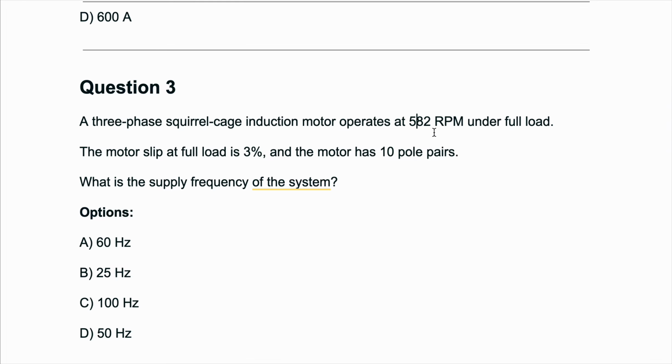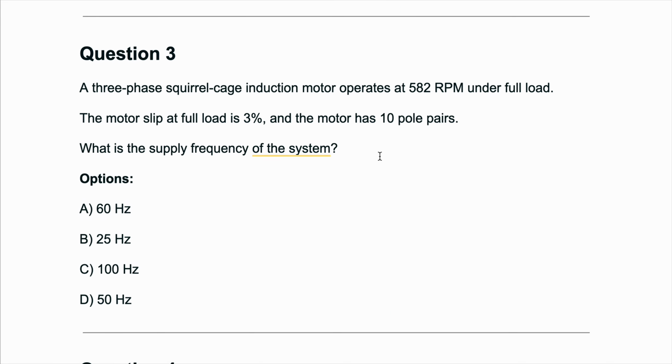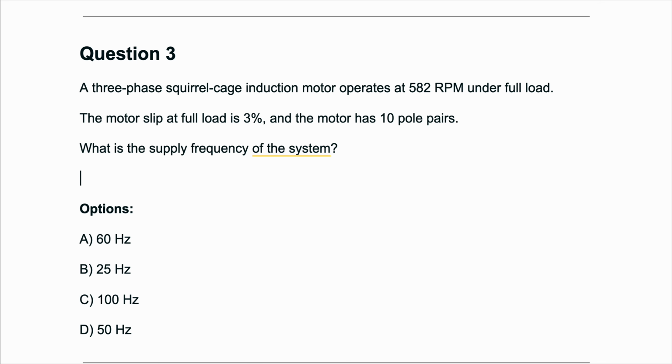Let me write this speed, let me name it NR. It means the speed of the rotor is equal to 582 rpm, rounds per minute. So this is NR, the speed of the rotor.